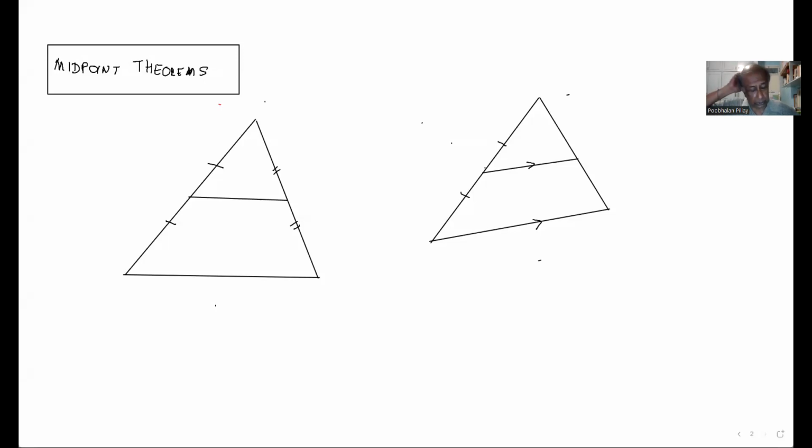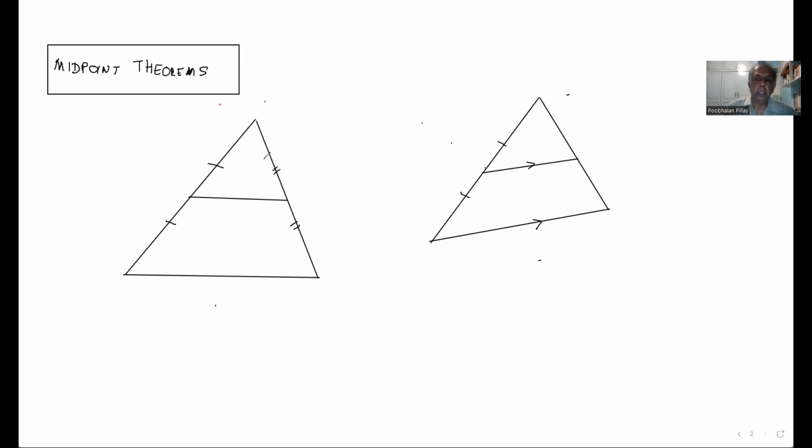So you must know what the theorems are, what is given, and what conclusions you can come to. So far we said if you are given that opposite sides are parallel, you can make various conclusions. If you are given that the diagonals bisect each other, you can make conclusions. So depending on what you are given, you can make conclusions. And that's what theorems are all about.